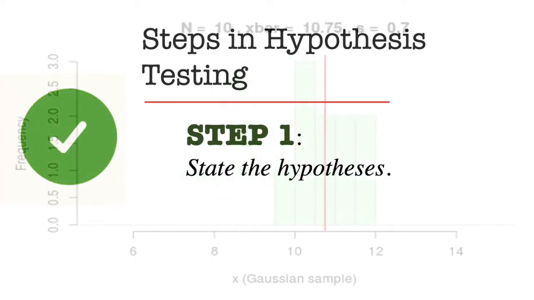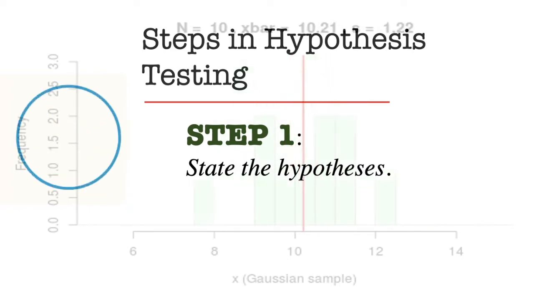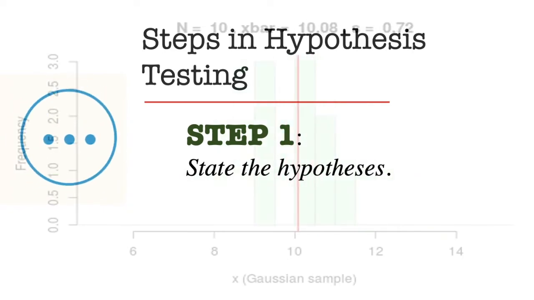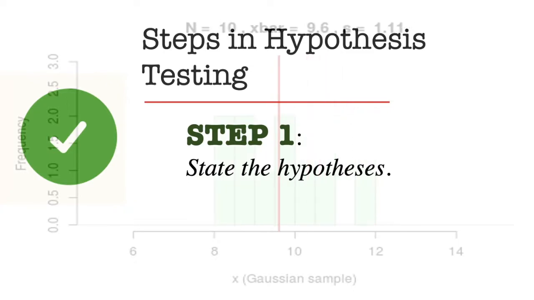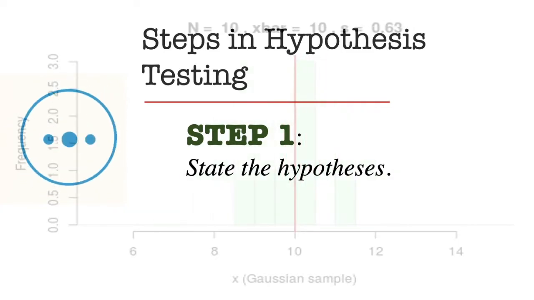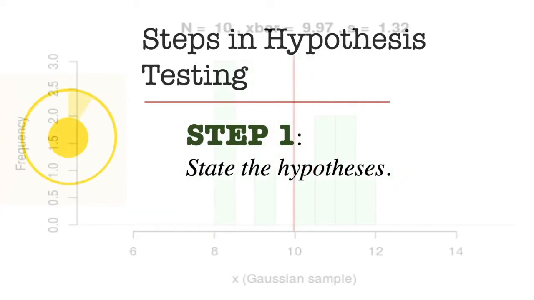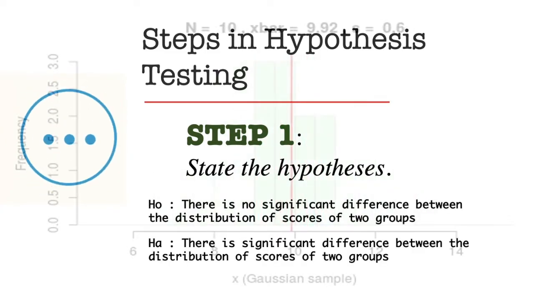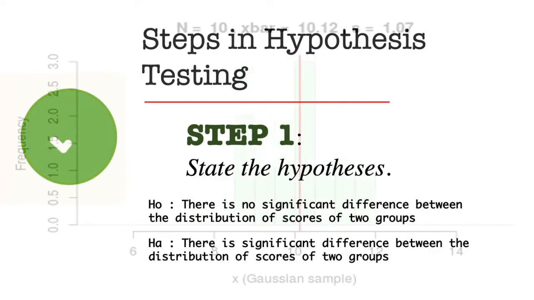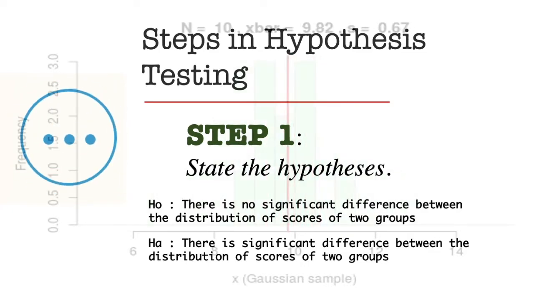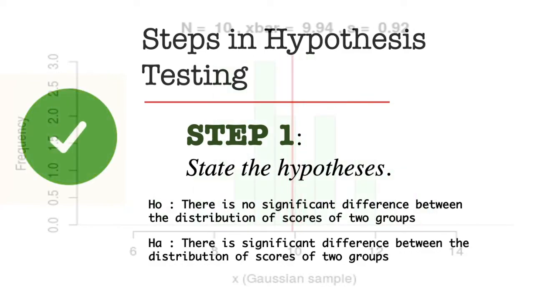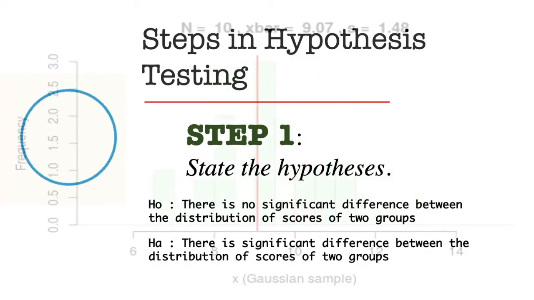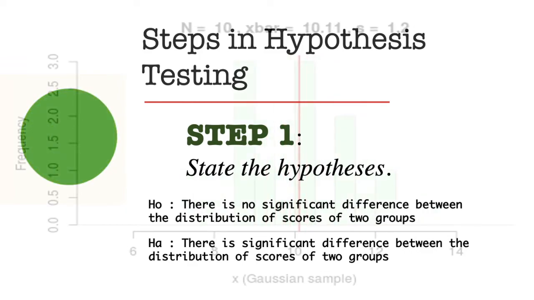Step 1. State the hypothesis. There are two types of hypothesis, the null hypothesis and the alternative hypothesis. So we state the null hypothesis first. There is no significant difference between the distribution of scores of two groups. And the alternative hypothesis is there is a significant difference between the distribution of scores of two groups.